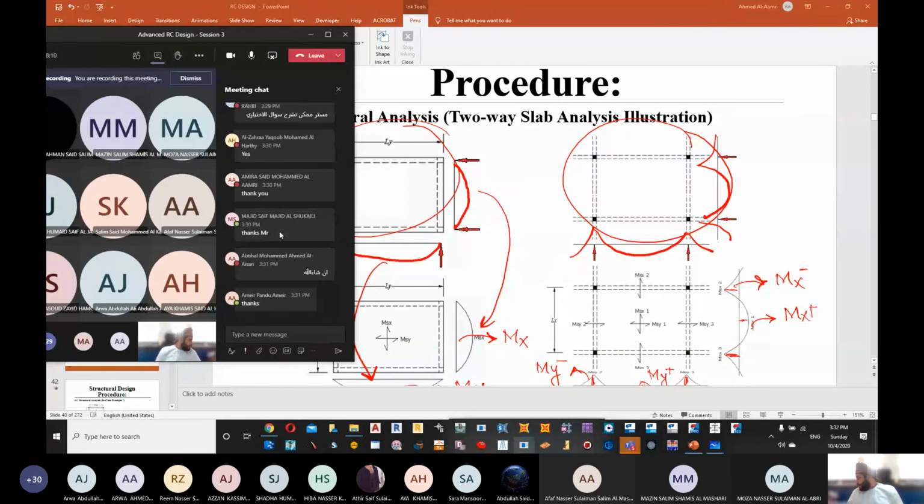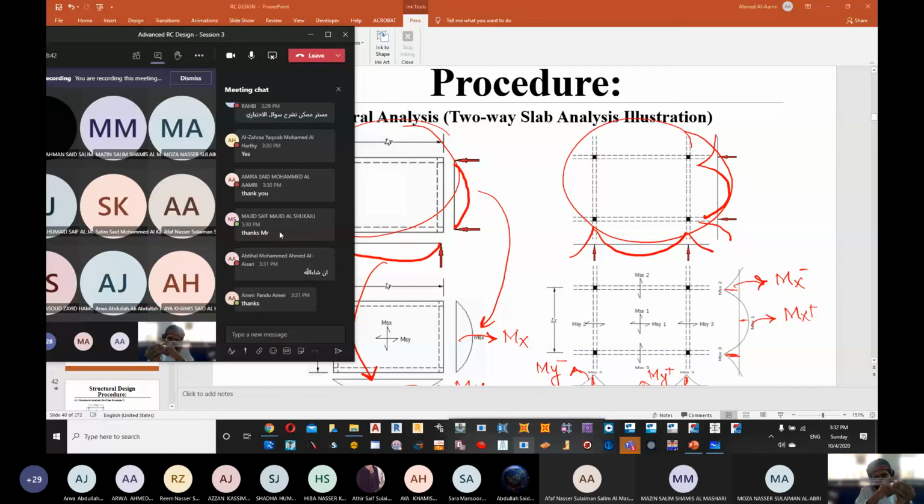Now the other scenario. The other good example of a one-way slab is this ruler. For this particular ruler, we have 2 dimensions. One dimension is long, one dimension is short, which represents a one-way slab.